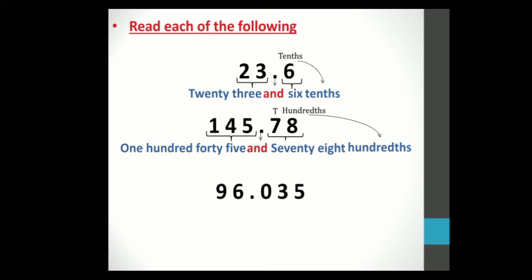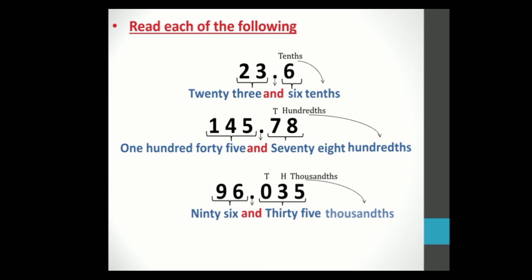If I have 96.035, yes, first we write 96 and 35, but the last place here is 5 in the place of thousandths, so I write 35 thousandths.